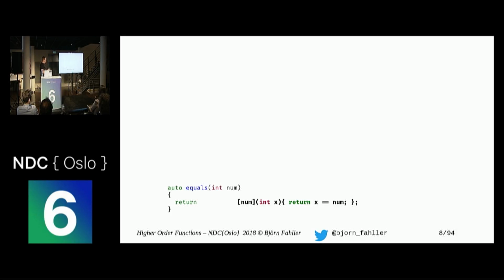And by doing that, we can capture the intent in something that we call equals with a number. We return a lambda using the auto return type that captures this number and returns true if, when called, the value equals the number we gave.